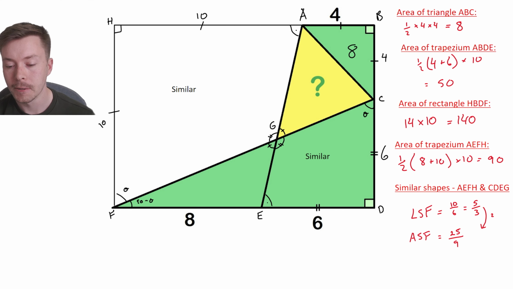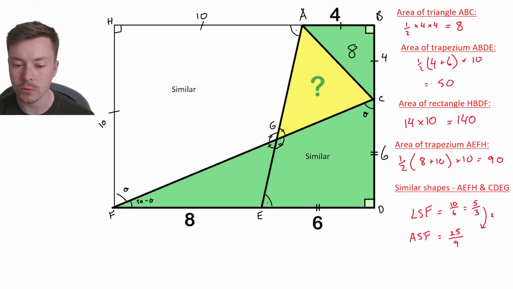over 9. Okay, now at this point, this is when I really start thinking about the fact that I can get these areas in terms of each other, and I've then got an area of this left trapezium, and I could also work out the area of this triangle CDF, and they will cross over, so they would both have some amounts of the similar shapes in, because I've got the scale factor, and they both have the triangle GEF in it.